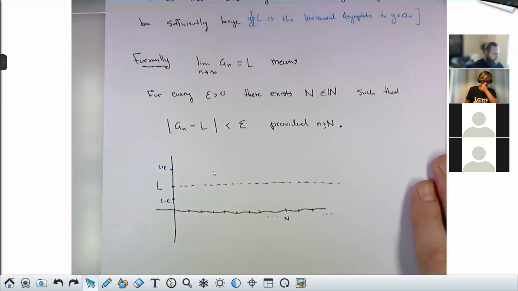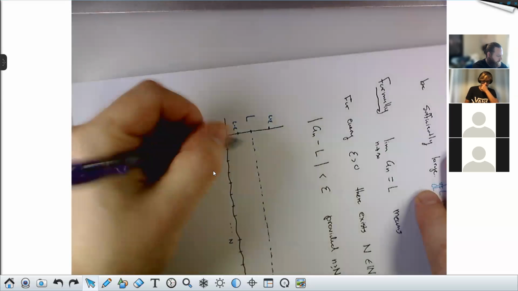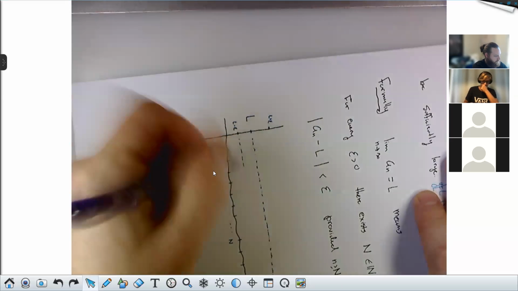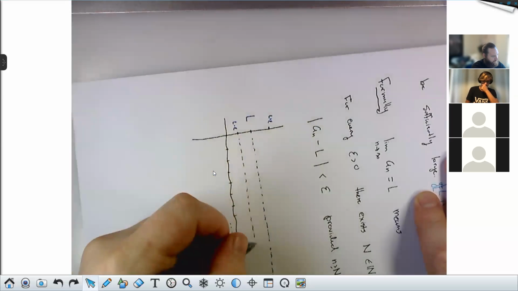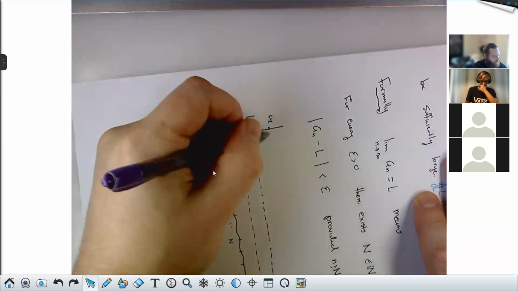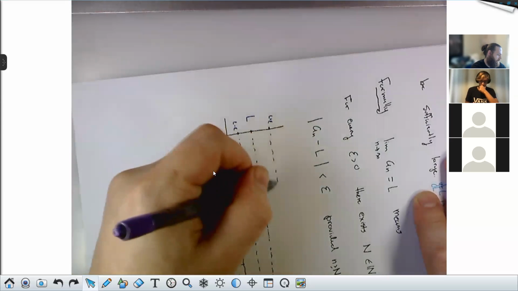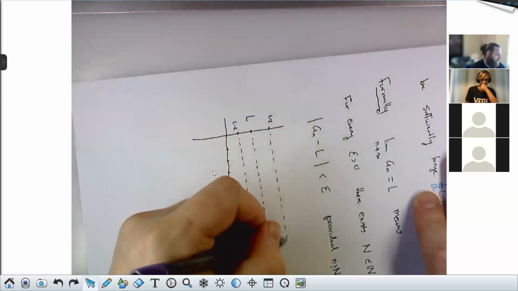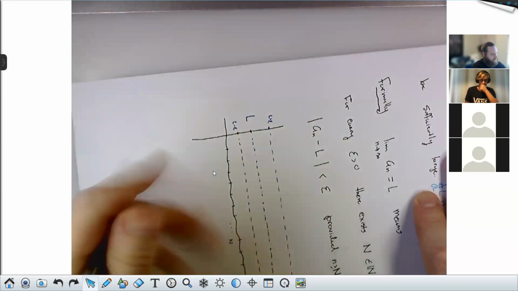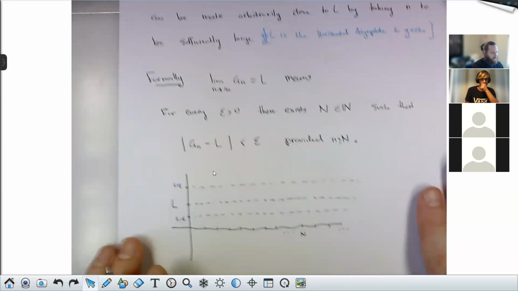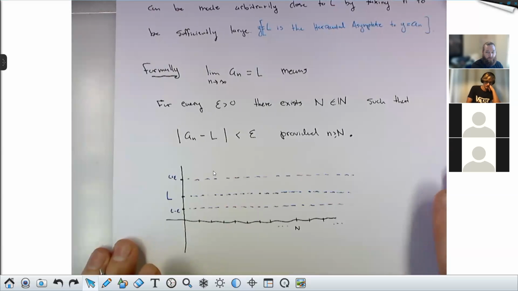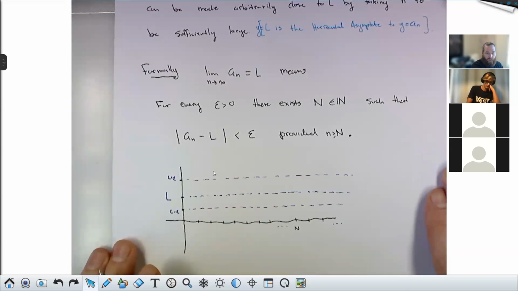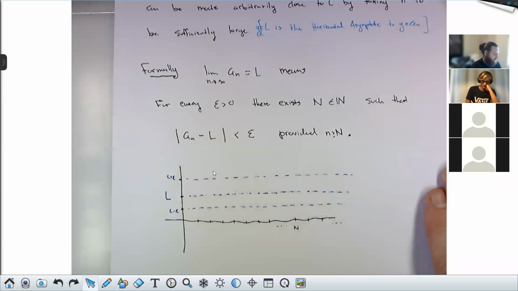Draw my epsilon window in here. So what I want to describe here is the sequence a_n converging to, that's the language we're going to use, or having the limit L.